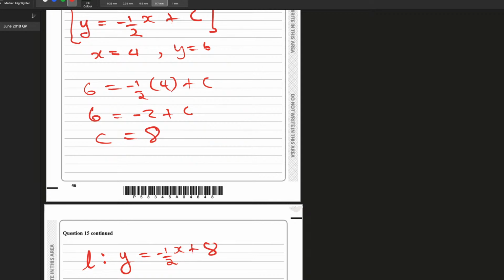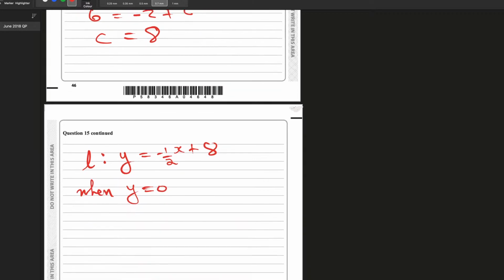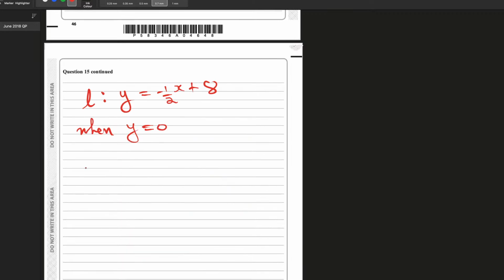So when y is equal to 0, I hope you guys are following. When y is equal to 0, then we have 0 equals minus half of x plus 8.